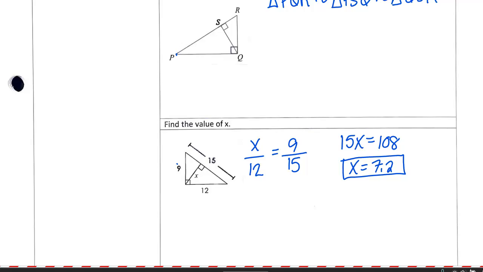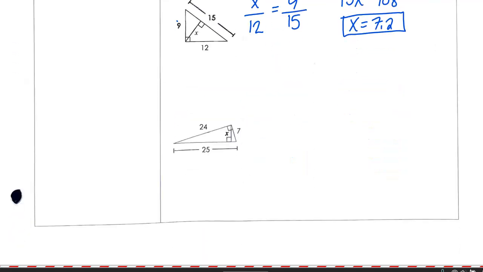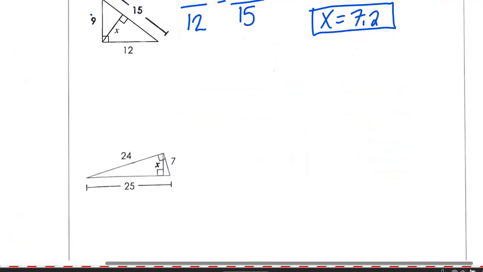Okay, so let's look at this next one. Oh, my screen got bigger, but I like it. All right, so we have a leg here. With our medium-sized triangle, we have a leg and we have a hypotenuse. So we have a leg over hypotenuse.